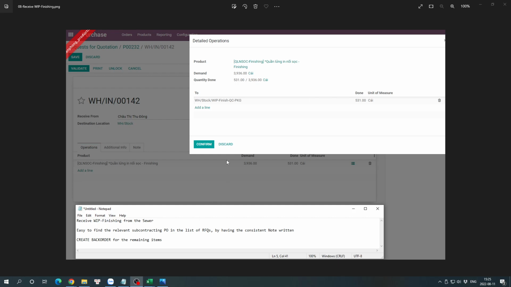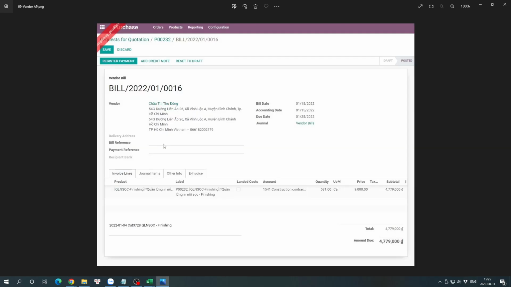You want to create a back order, and as we all know, the work in progress ready for finishing received from the sewer is going to go to this location. We want to put it here straight away, right in this using detailed operation.